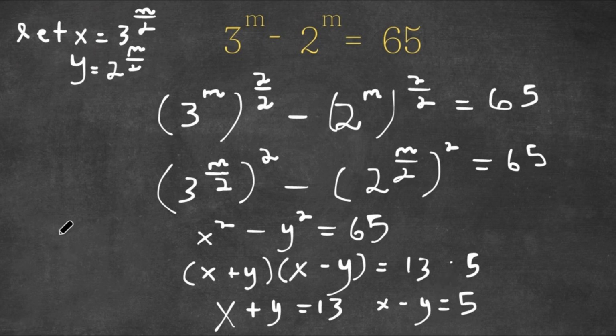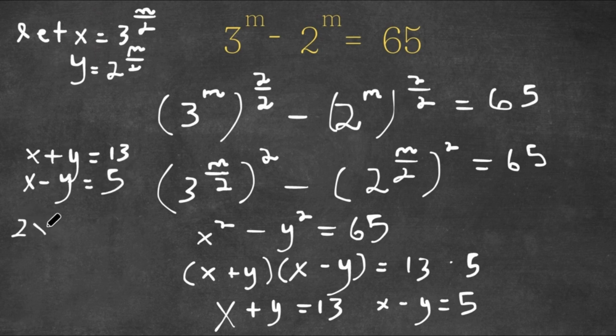So now if I add these two together, I get 2x. There's not going to be any y because plus y and minus y cancel out, and this is equal to 13 plus 5, which is 18. And this means that x is equal to 9.